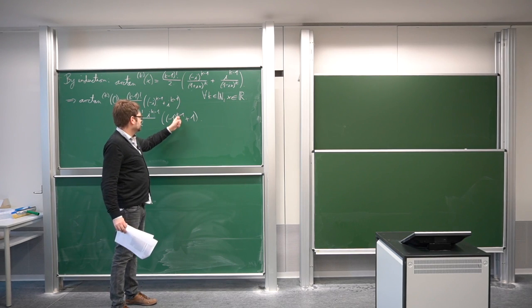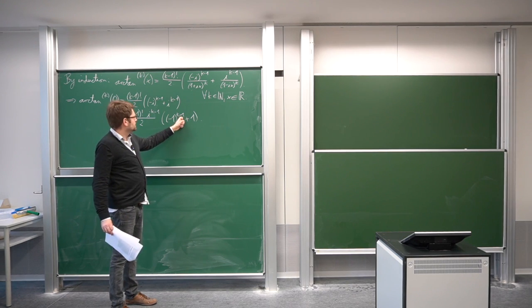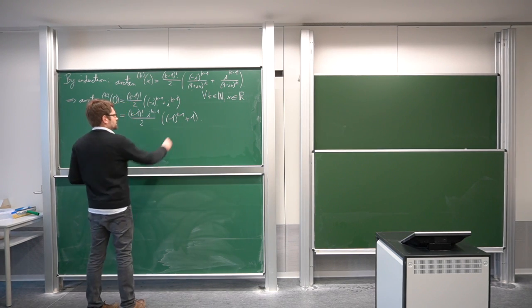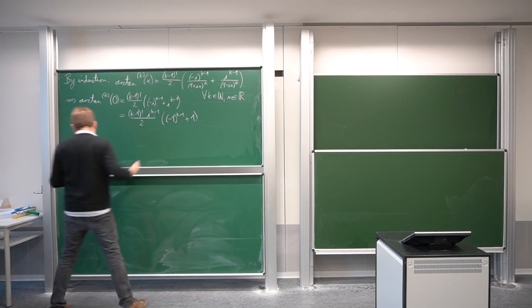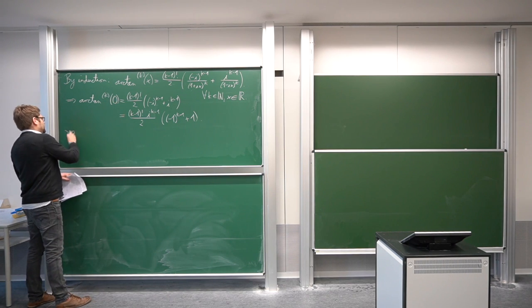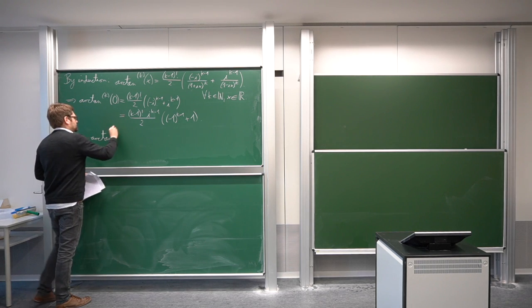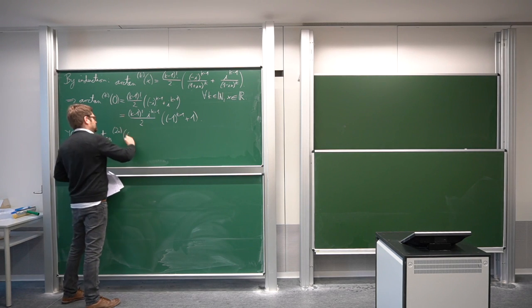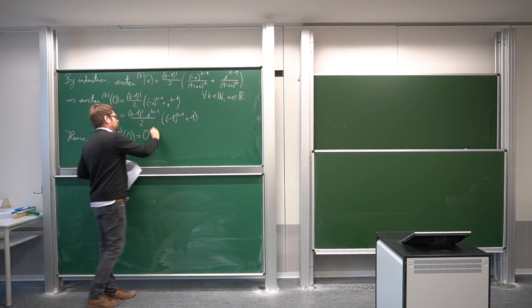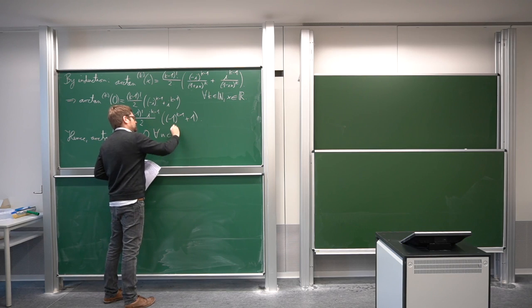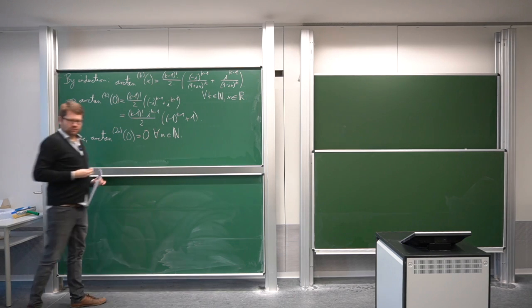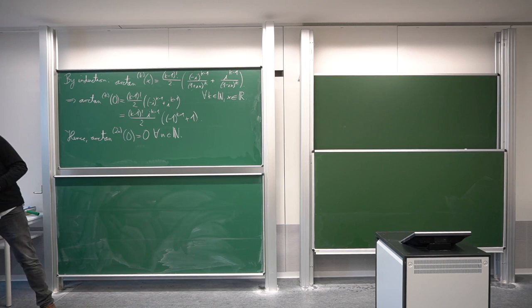And this is minus 1 if this exponent is odd, and the exponent here is odd if this k is even. So we get that all even derivatives vanish in 0. Arctan to the 2n in 0 is 0 for all n in N, which means that quite some summands in our Taylor polynomial have to vanish as well.